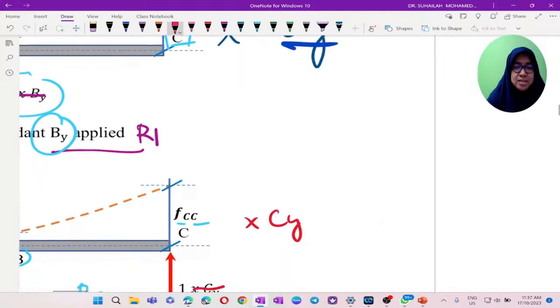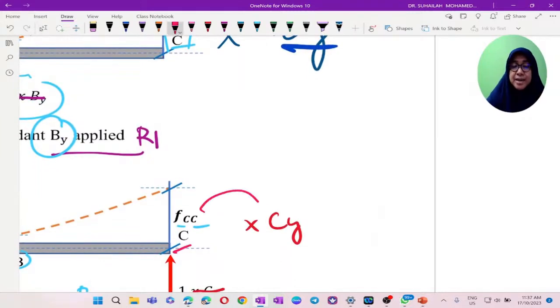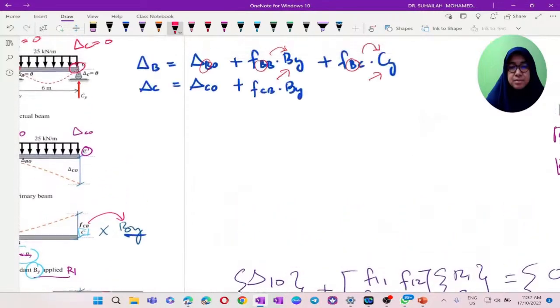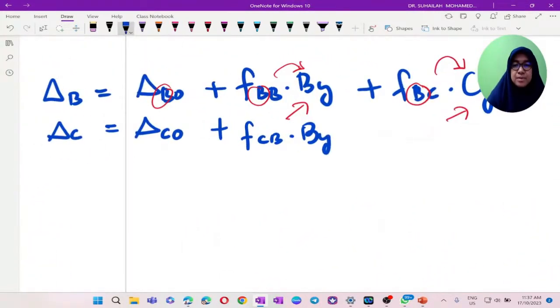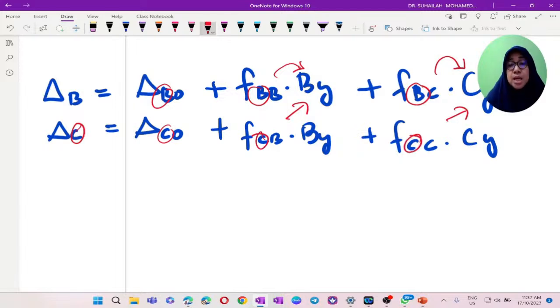Next one is F at position C, redundant CY, FCC, times CY. For the notation, FCB means the last B represents BY, and FCC, the last C represents CY. So these are the two equations that we get from the principle of superposition.